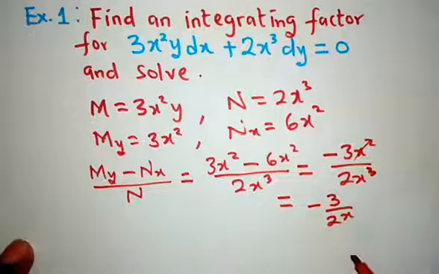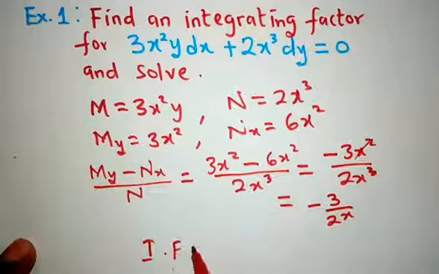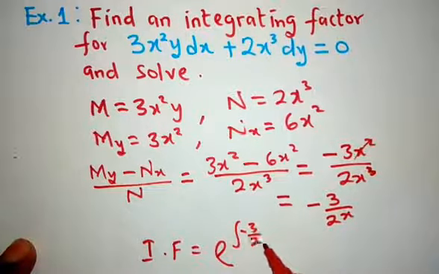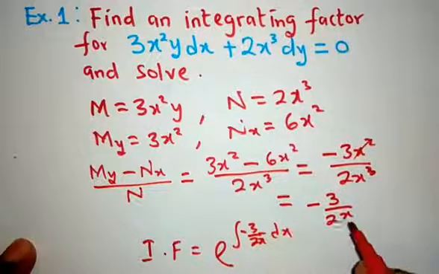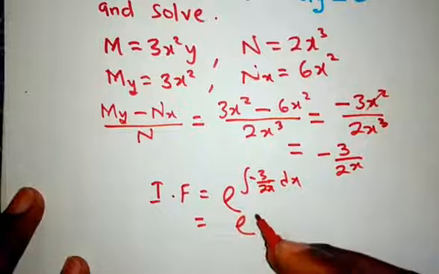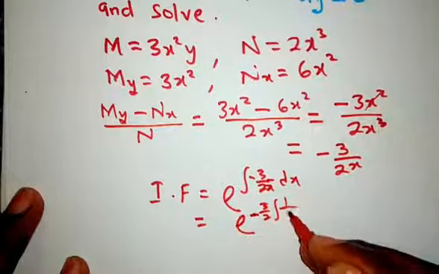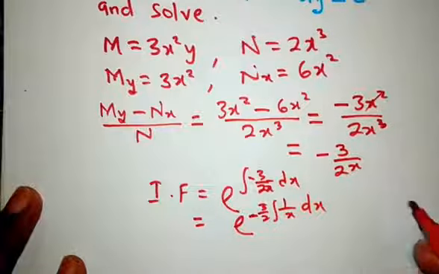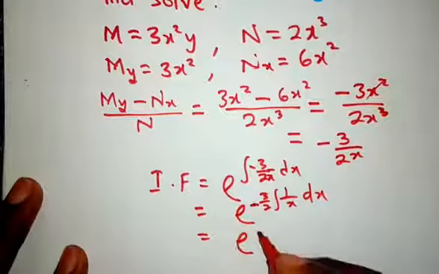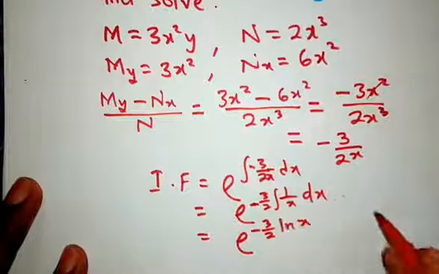So by the first theorem that we stated, it implies that we have an integrating factor of the form exponential of the integral of minus 3 over 2x dx. And this is equal to the exponential of minus 3 over 2 times the integral of 1 over x dx, which is ln x.